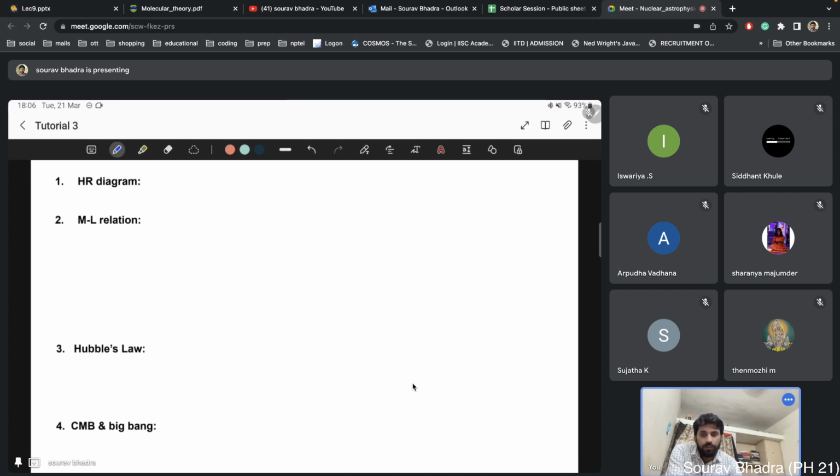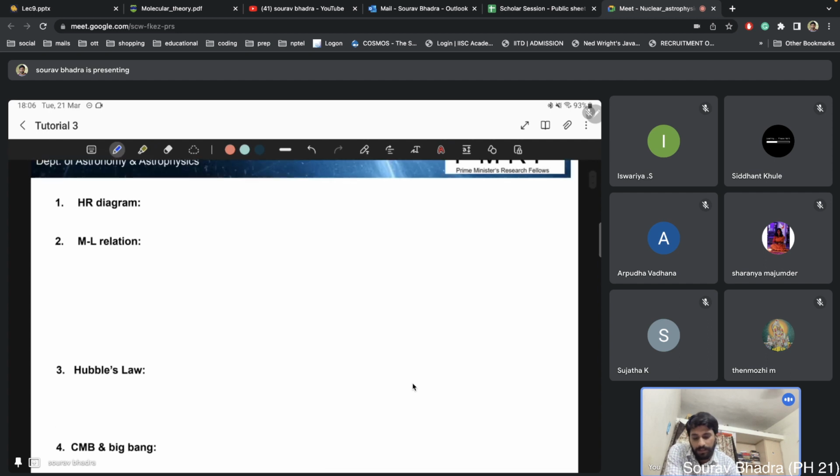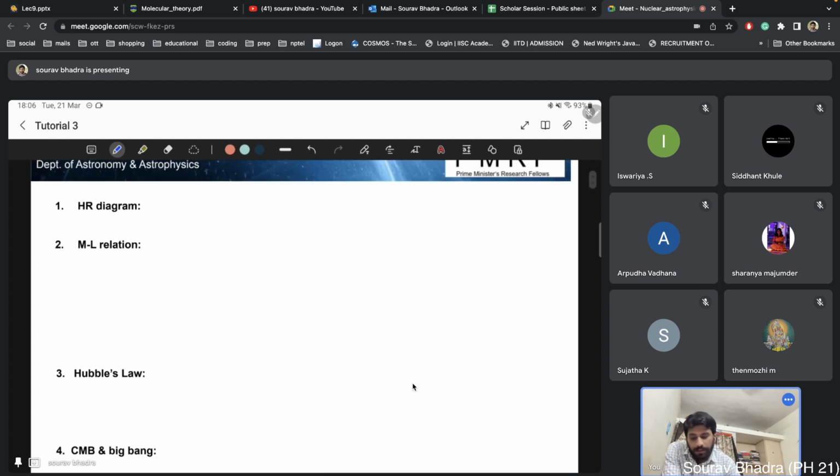In the first 2 weeks we have already gathered some knowledge, which I have written point-wise. The first important thing we learned is the HR diagram. All of you know that in the HR diagram there is absolute magnitude on the y-axis and temperature on the x-axis, and that will look like this, the main sequence.